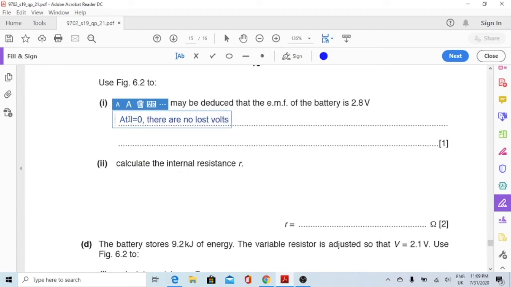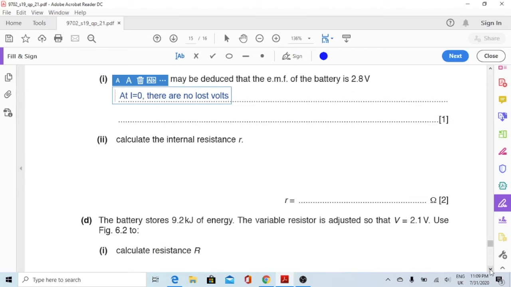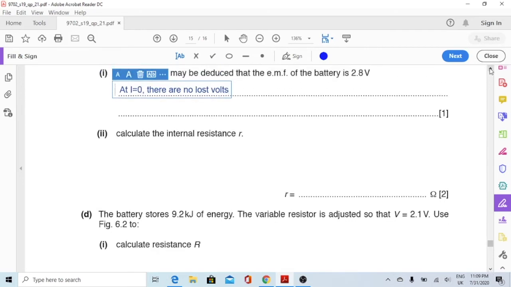Lost volts are basically volts or energy consumed by the internal resistance, which is usually dissipated in the form of heat. So there are no lost volts, hence EMF is equal to 2.8 volts.